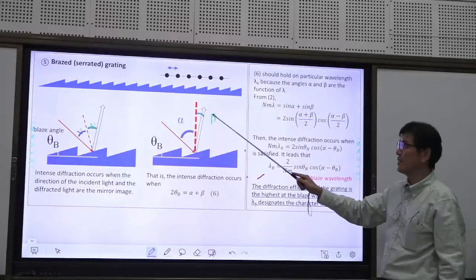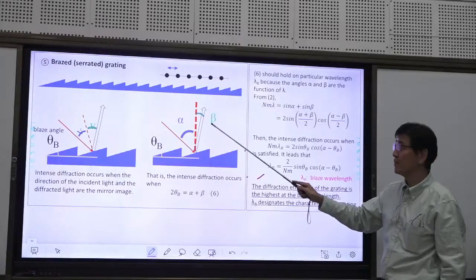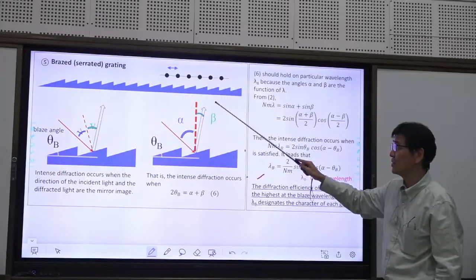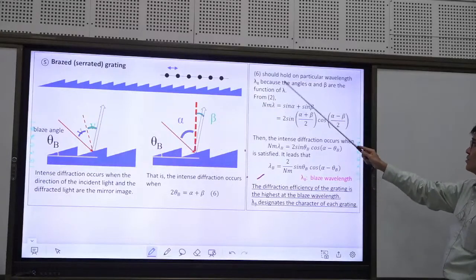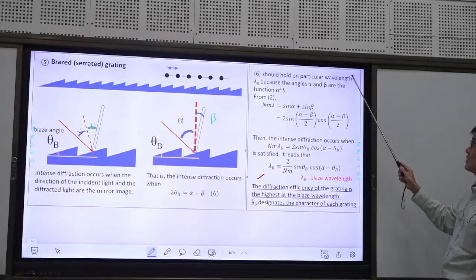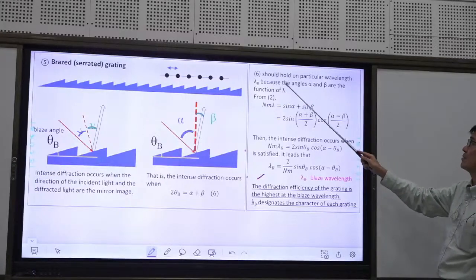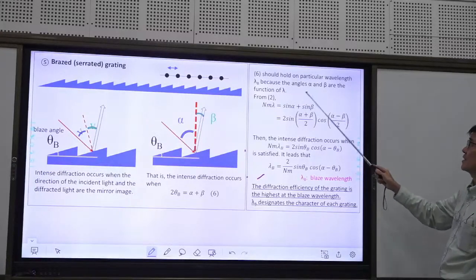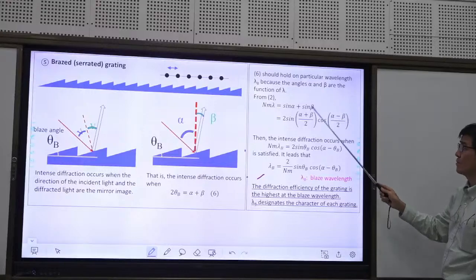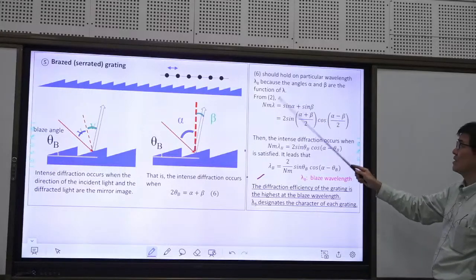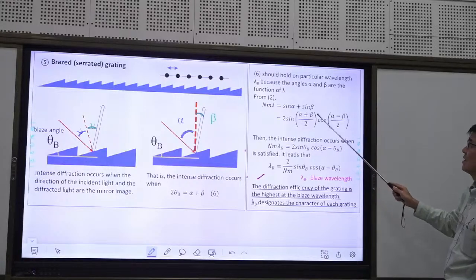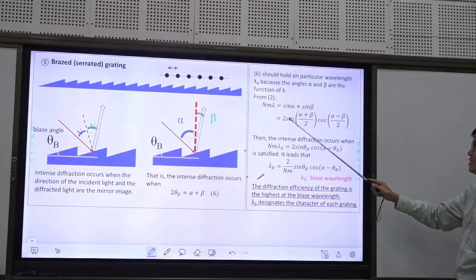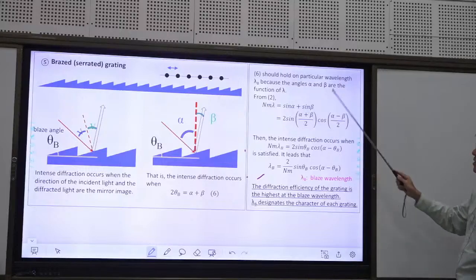But beta is a function of lambda, so this condition is not always satisfied. Equation 6 should hold only at a particular wavelength because the angles alpha and beta are functions of lambda. So from equation 2 in the previous page, nmλ is equal to sine alpha plus sine beta, and it is converted to this form.